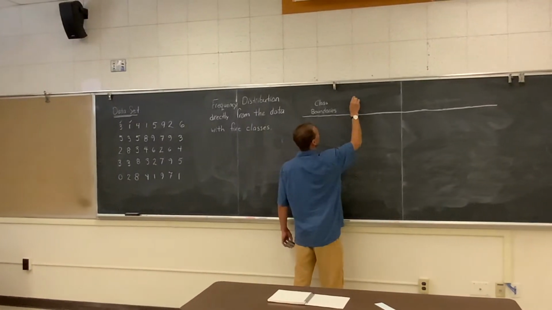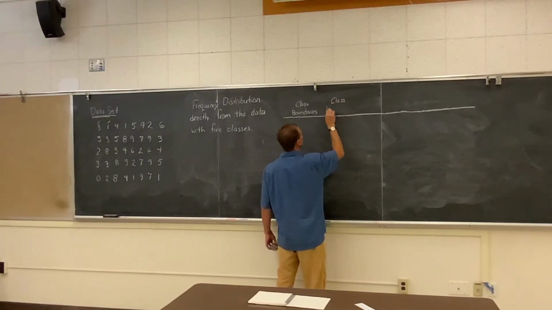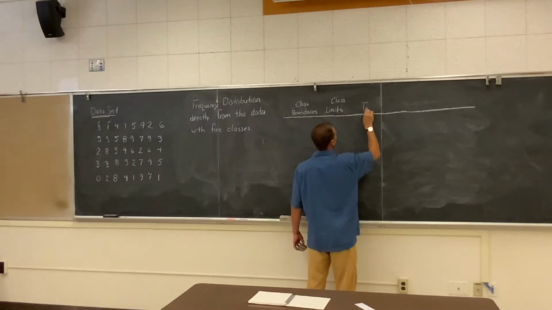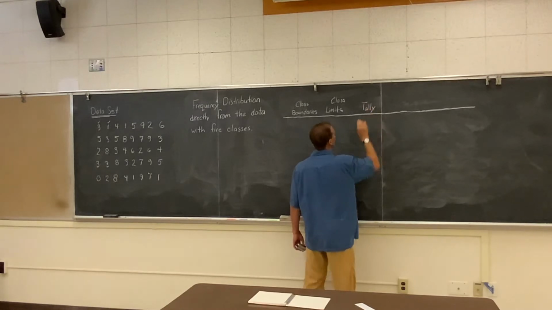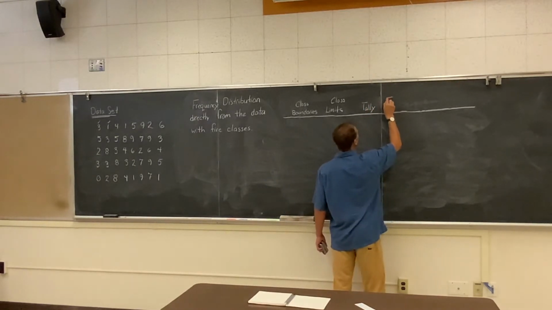Class limits. We have a tally. Let's put that in here. We're going to need that today. This time it's going to be very helpful. The tally will give us our frequency.